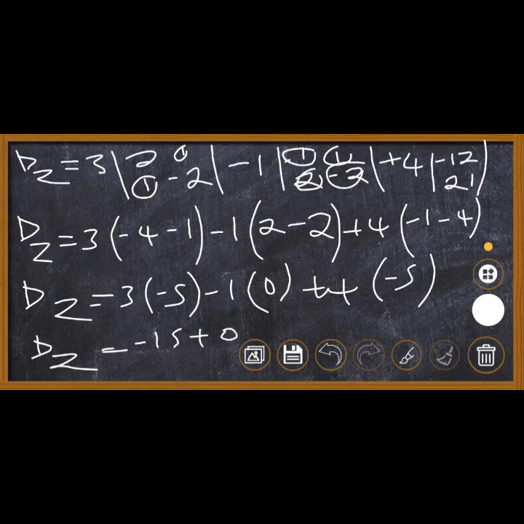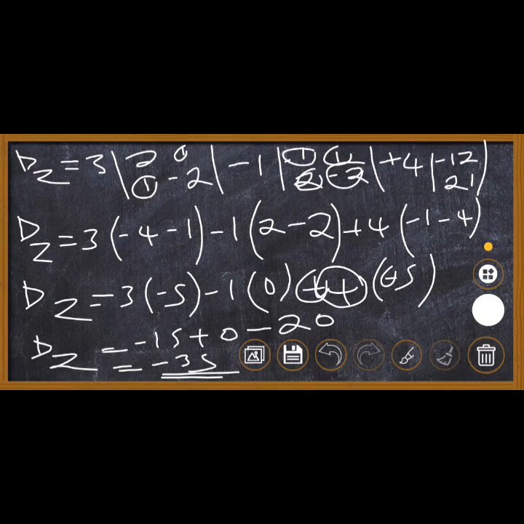And then negative multiplied by positive, we're going to have negative. Then 4 multiplied by 5 is what? 20. So we have negative 20. So negative 15 minus 20, we are going to have negative 35. So our dz in this case is negative 35. So dz equals negative 35.